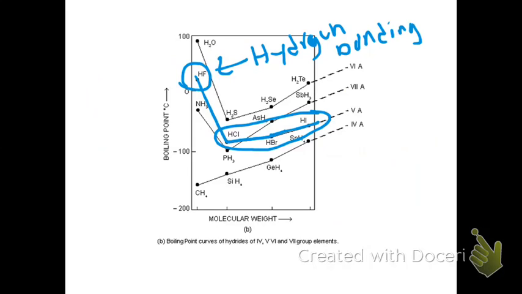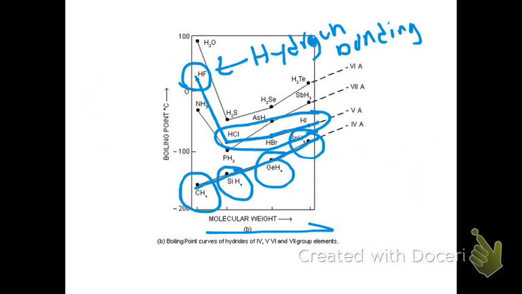Now the last one I want to look at is the trend down here at the bottom. CH4 is going to be the lowest, and then SiH4, and then GeH4, and then SnH4 up here. Now here we see our typical increase due to the increase in molecular weight.